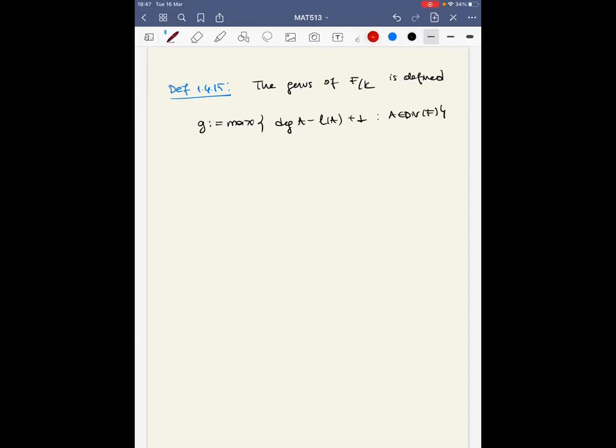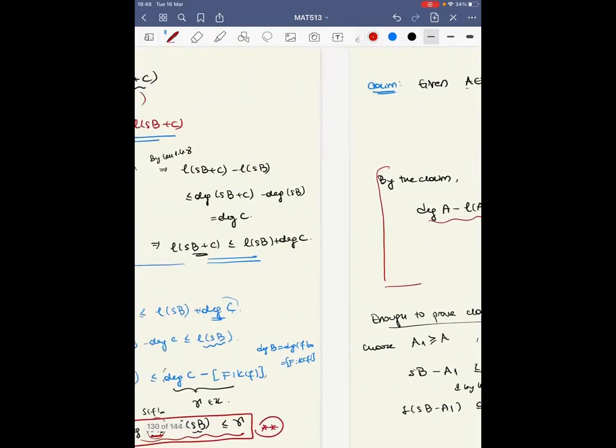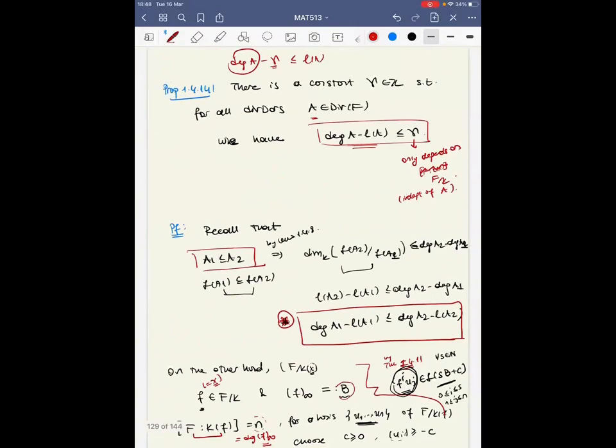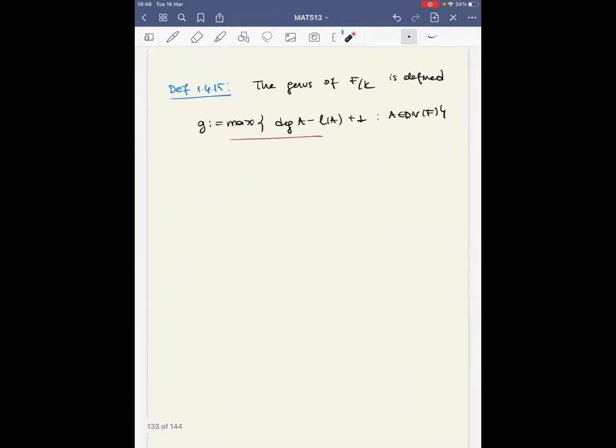However, let me note that this definition makes sense thanks to proposition 1.14, because we always know that this quantity is bounded above by a constant gamma. So that means there always exists the maximum of such a set over all divisors.